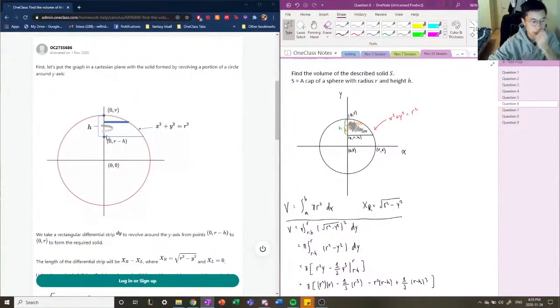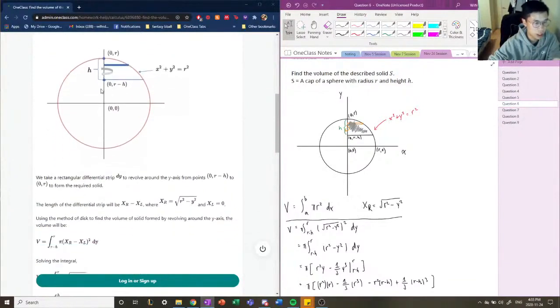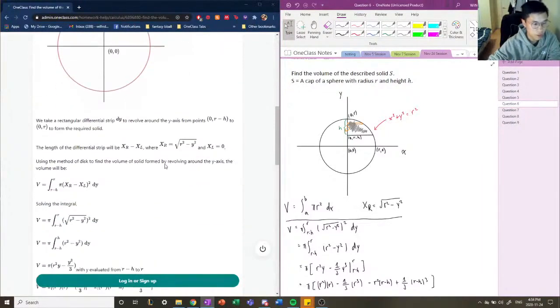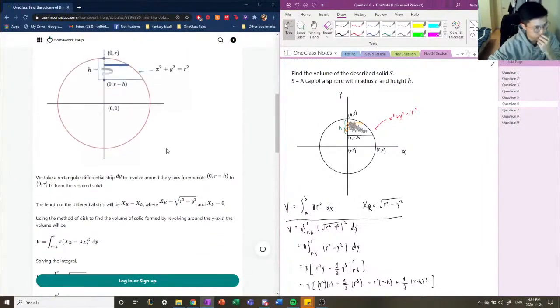In the same way, we would need to find this differential strip. The radius is changing constantly, so we need to find the radius of these cross-sectional circles, and that radius is found by the root of r squared minus y squared. We just used the distance equation to find our radius.